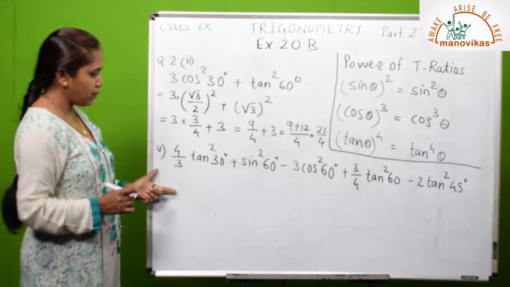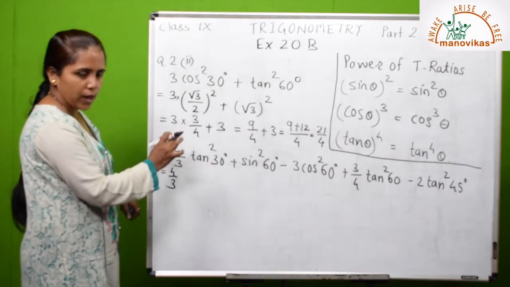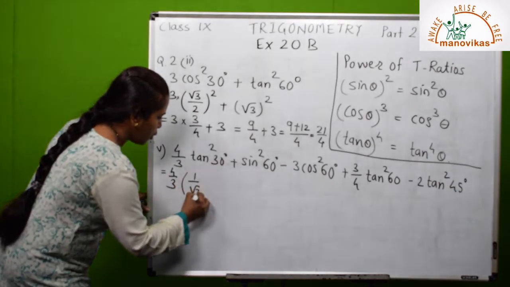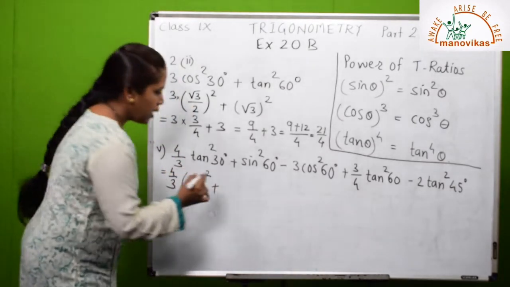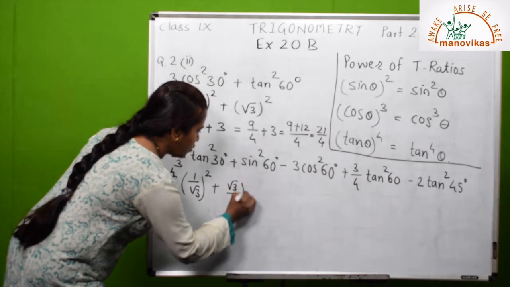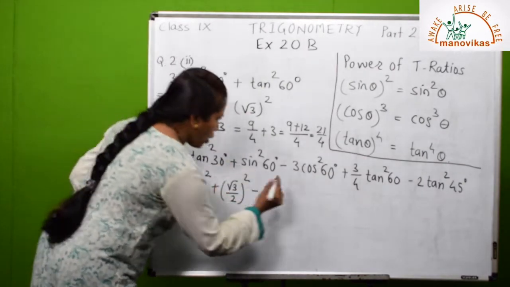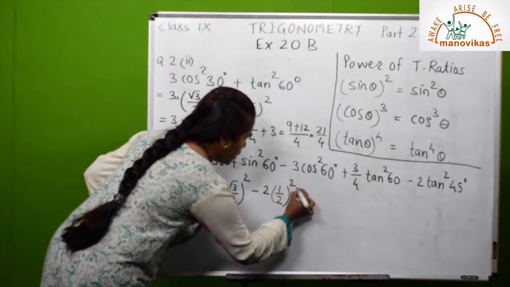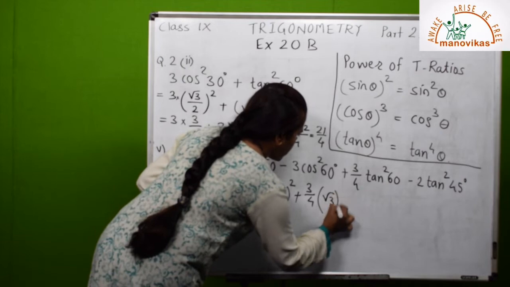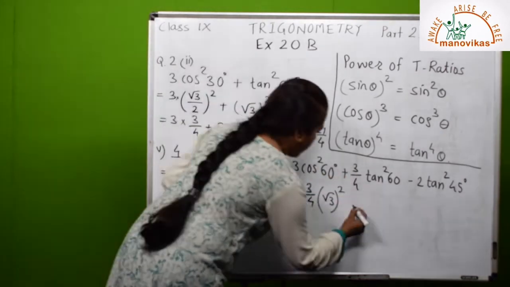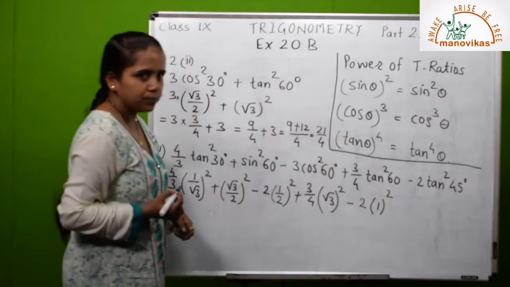Now next, that is the fifth question: 4 by 3 tan 30 square. Tan 30 value is 1 upon root 3, so 1 upon root 3 square, plus sin 60 square, that is root 3 by 2 square, minus 2 cos square 60, cos 60 is half, so half square, plus 3 by 4 tan square 60, tan 60 value is root 3, so root 3 square, minus 2 tan square 45, tan 45 is 1, so 1 square.